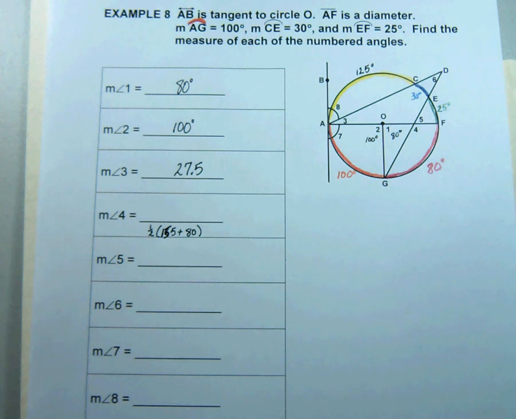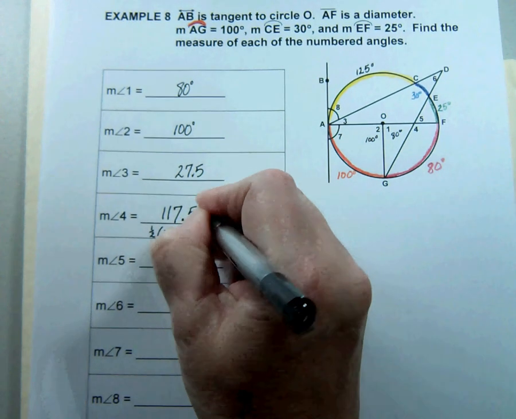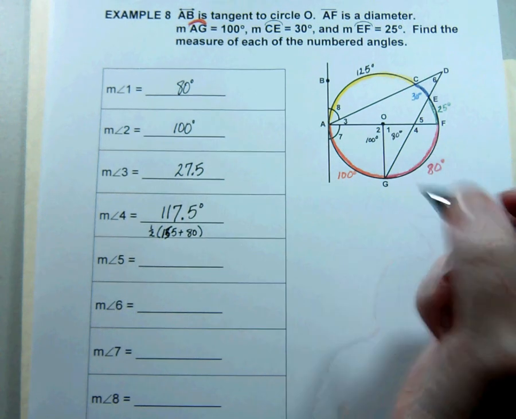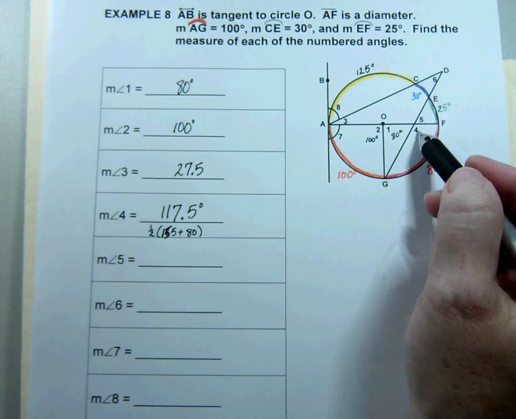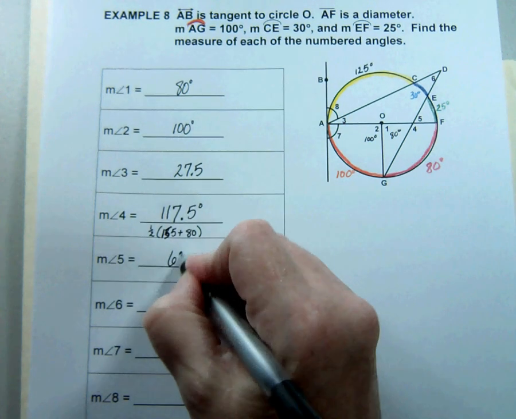Take half of that. This one's a decimal. It's 117.5 degrees. And now angle 5 is just a linear pair with angle 4. So if you just take 180 and subtract that answer, you get 62.5. That's just a linear pair.